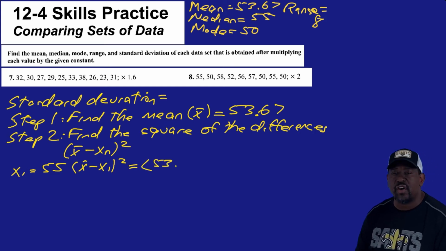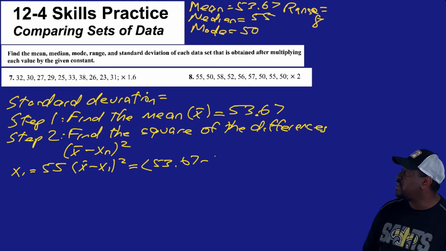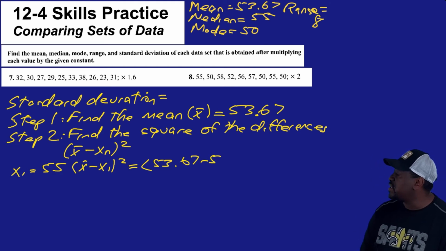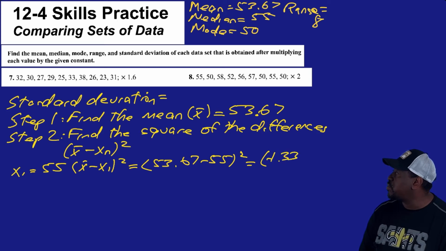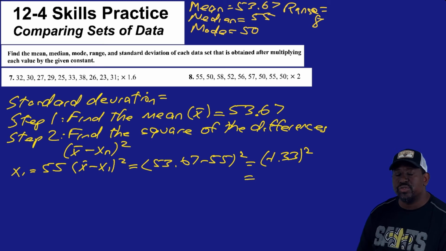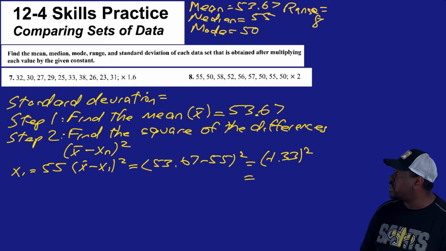When you solve all that, you get your calculator out. You do the subtraction in the grouping symbol first. You're going to get a value, use your calculator for that. That would be negative 1.33.